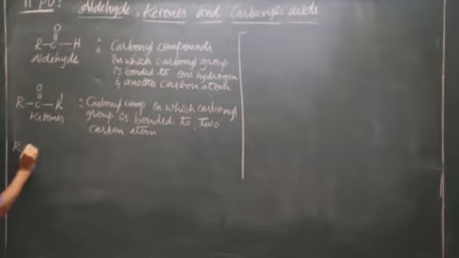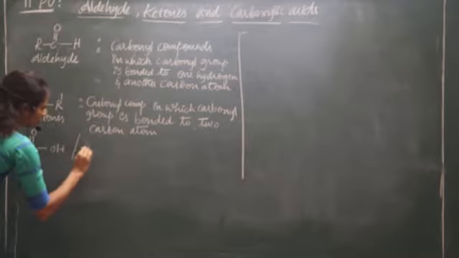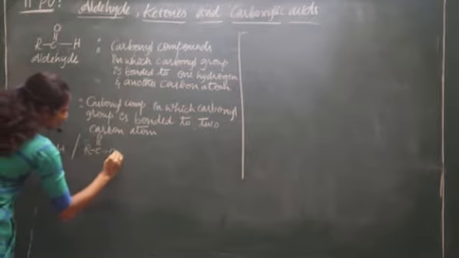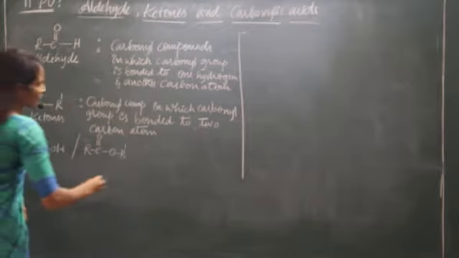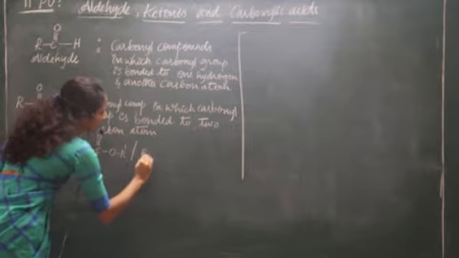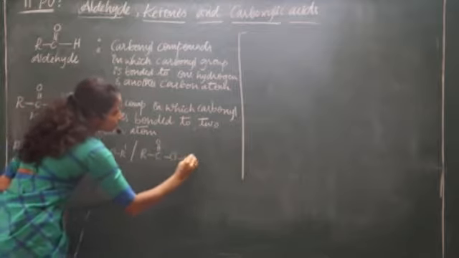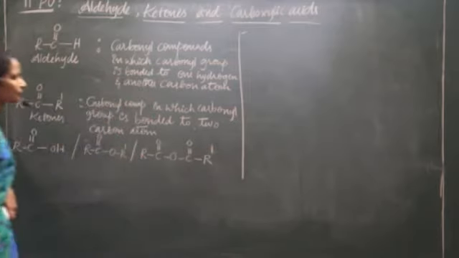Next one is R C double bond O H, or R C double bond O R or R dash, or R C double bond O O C double bond O R or R dash.